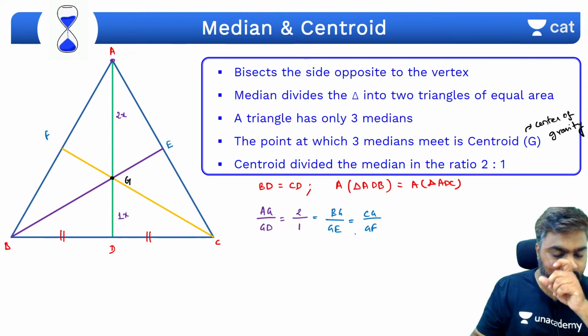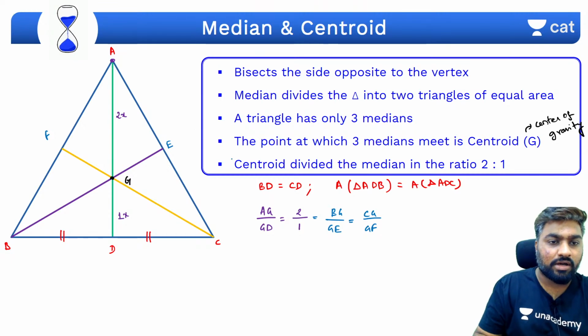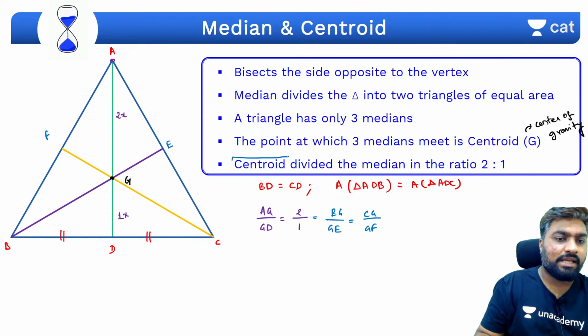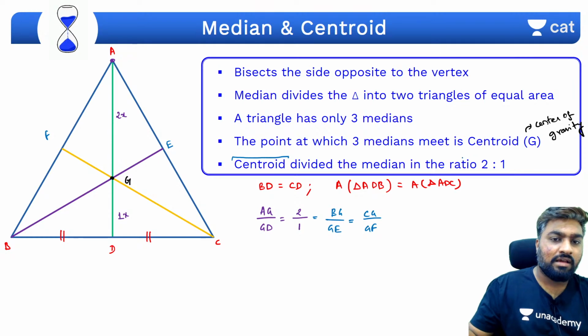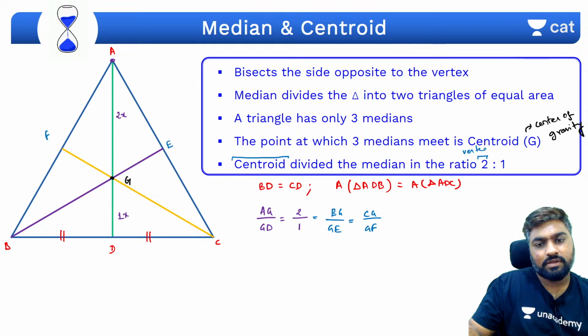So a centroid divides a median in the ratio 2:1, where 2 parts is towards the vertex and 1 part is towards the midpoint.